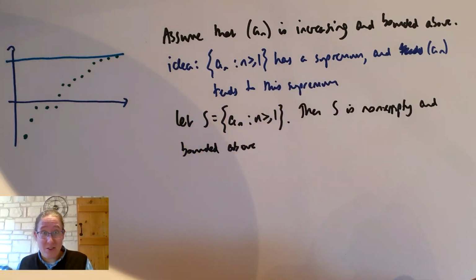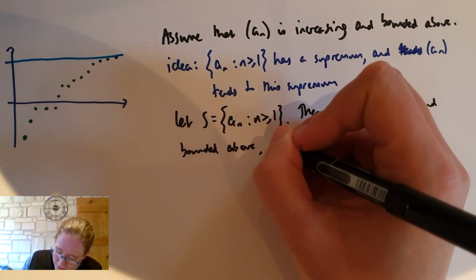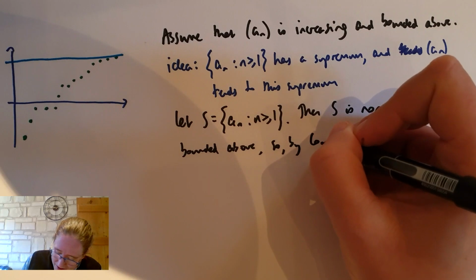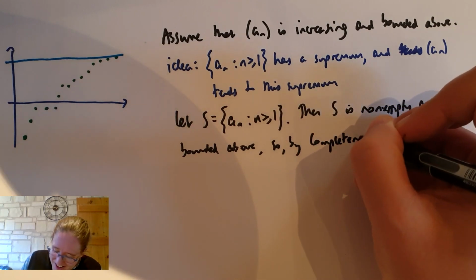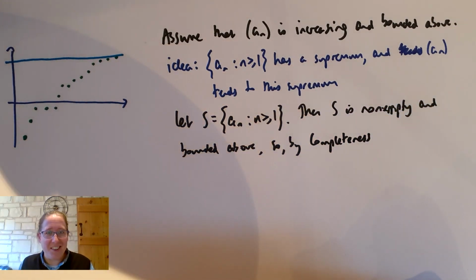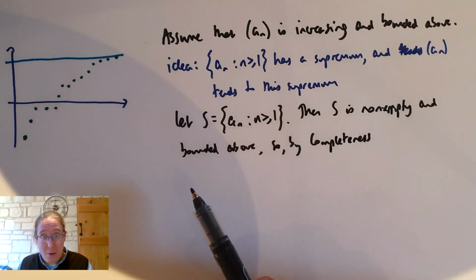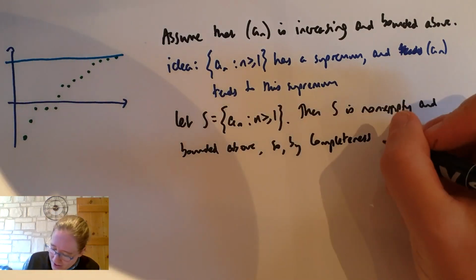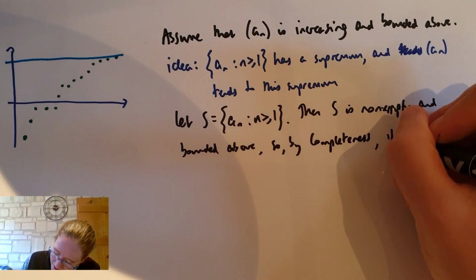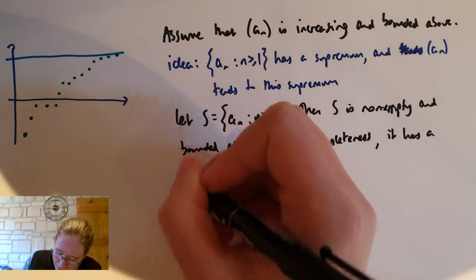And we know that a set that's non-empty and bounded above has a supremum by completeness. I realise it's been a while since we mentioned completeness, so you can always go back and look if you want to remind yourself, but it says that a non-empty set of real numbers that's bounded above has a supremum, a least upper bound. So by completeness, it has a supremum.